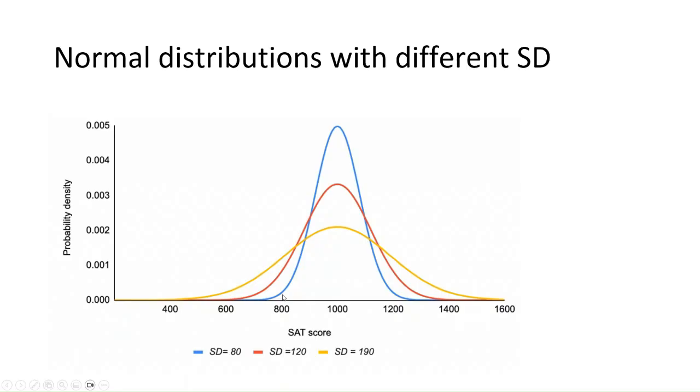This means most students scored close to the average, resulting in a taller, narrower curve, a sharp peak with little spread. But if the scores are more spread out, as shown in this yellow curve, the standard deviation is higher, right? Fewer students are scoring close to the mean and more are on the higher and lower ends. This makes the curve flatter and wider, a more stretched out bell shape.